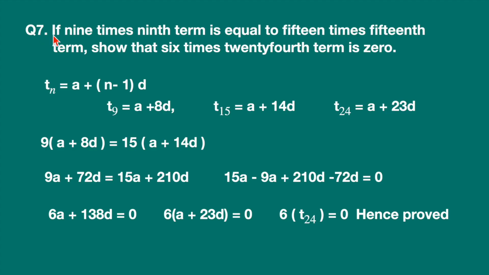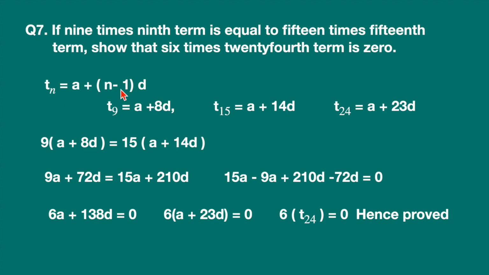Question 7. If 9 times the 9th term is equal to 15 times the 15th term, show that 6 times the 24th term is 0. So here let's write down the general formula, Tn is equal to a plus (n minus 1)d. Now what is the 9th term? Put n is equal to 9.